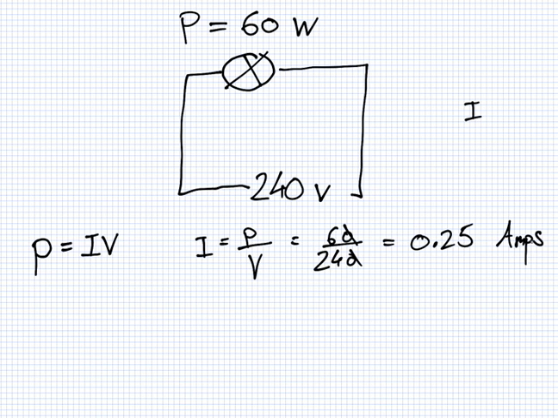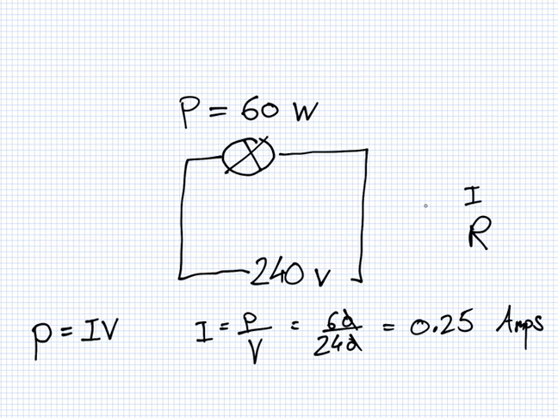Now suppose I would like to know what the R is. Well, there's a couple of ways I can do it. I can now say V equals I R, because I know what the I is now.